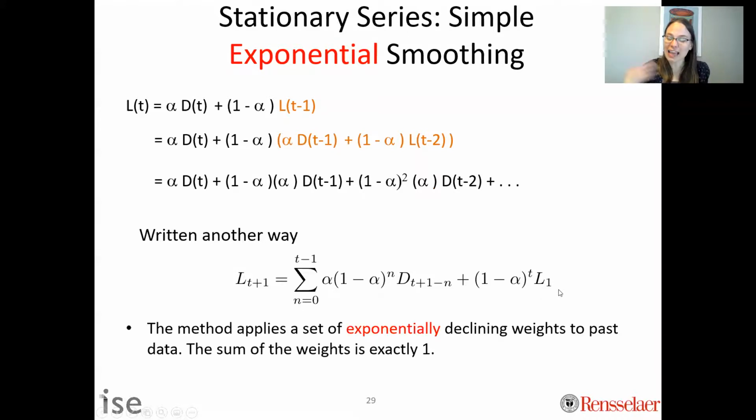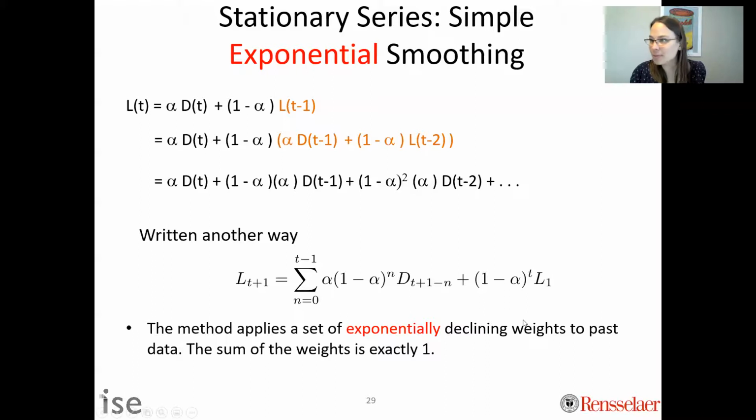In other words, what's happening is you are applying exponentially declining weights to past data. If I summed up these coefficients, they would equal 1. So in other words, it's a fair average. It's just not weighting them 1 over n.